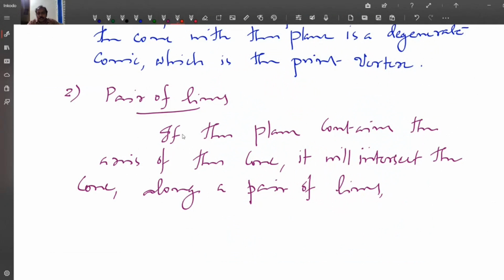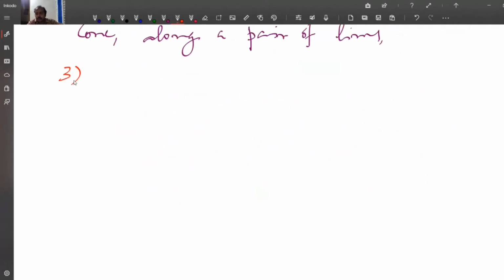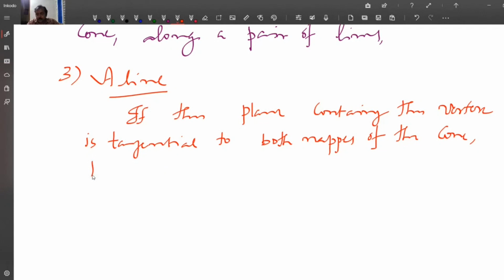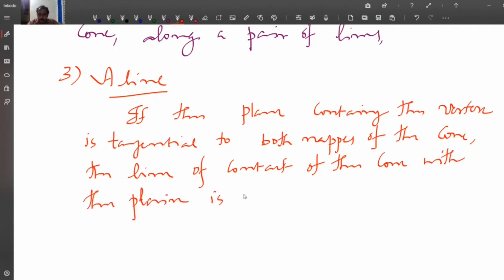Now we consider case 3, a line. If the plane containing the vertex is tangential to both the naps of the cone, the line of contact of the cone with the plane is a degenerate conic.